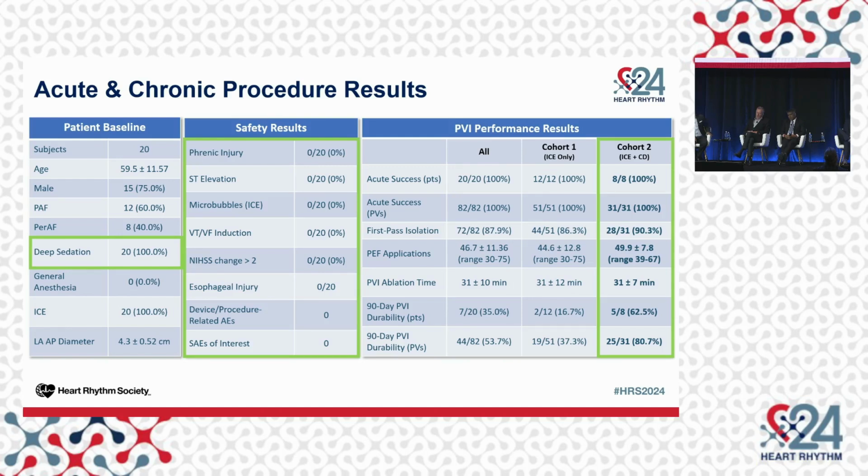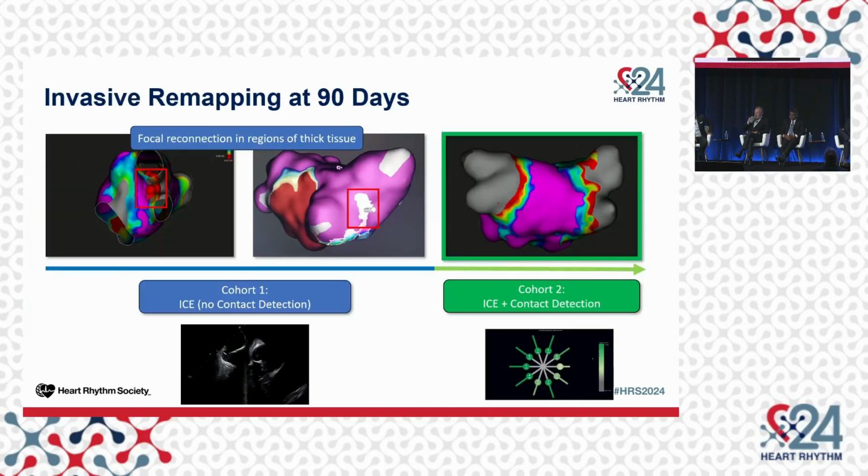Yet with our experience, if we used contact sensing as described with the algorithm, then you can see that the 90-day PVI durability, with our first experience with this catheter, was in a fairly acceptable range. Not where we need to be, we need to get better, but we're already in a good range, which tells you the importance in this design of having contact sensing.